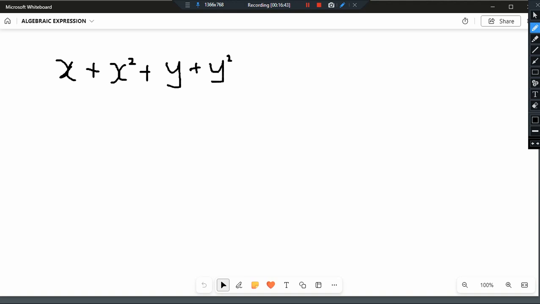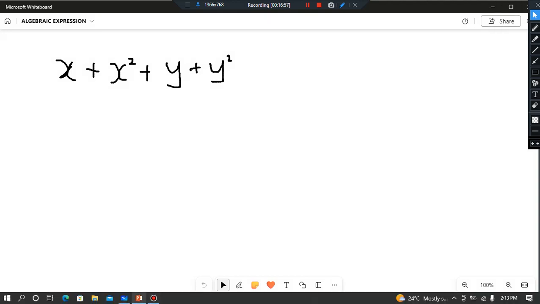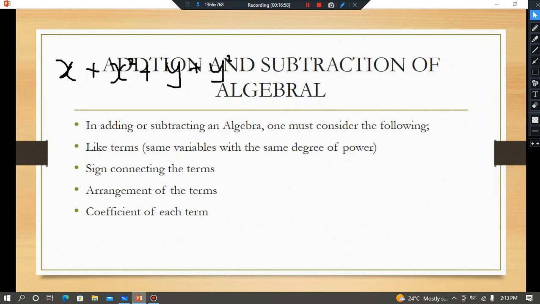Here y and y are the same, but they have different degrees of power, and for that matter we cannot add them. So anytime you are adding or subtracting algebraic expressions, you first have to consider the variables, whether they are like terms or they are not. When they are like terms, then you move ahead. When they are not like terms, you just leave it as it is.